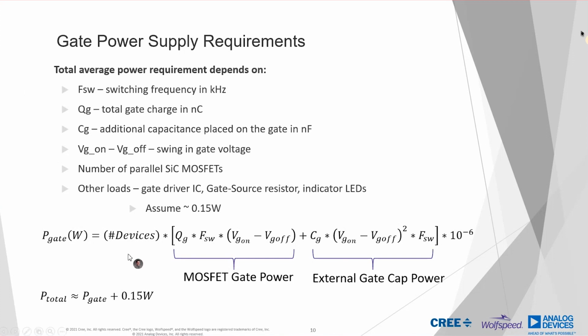I'm not going to walk through the whole formula here, but the key takeaways are that it's proportional to the gate charge and the switching frequency. Those are the two big variables that a designer is playing with when selecting different parts or designing an application.